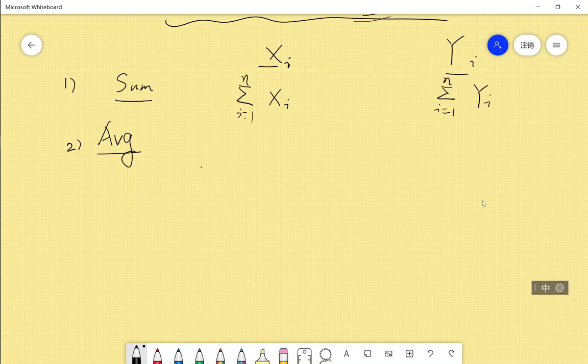And you divide the summation by the number that you are using right now, for example, n. Once you divide that, you got the average, of course.